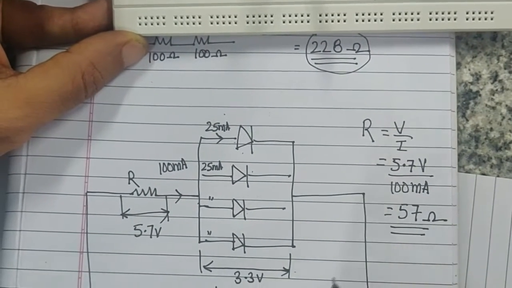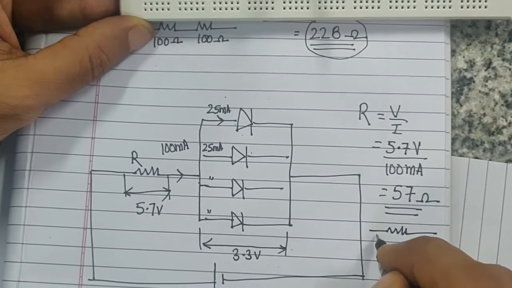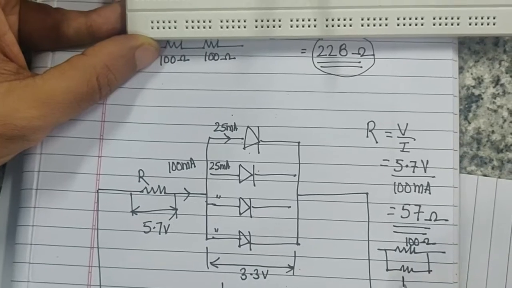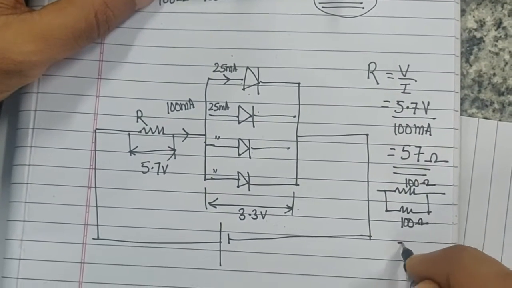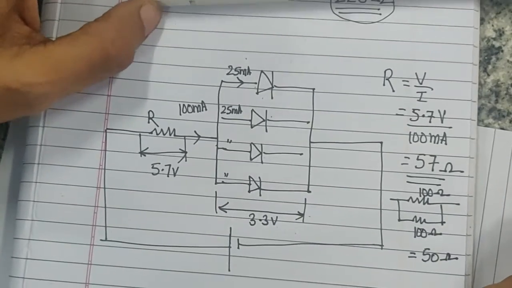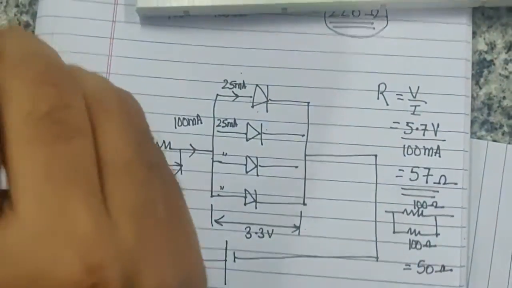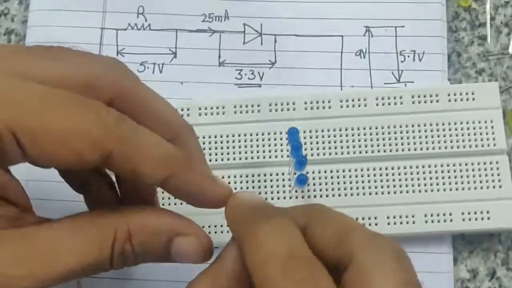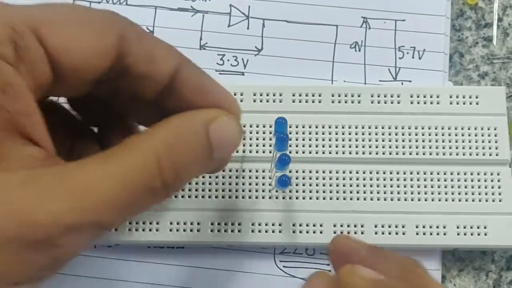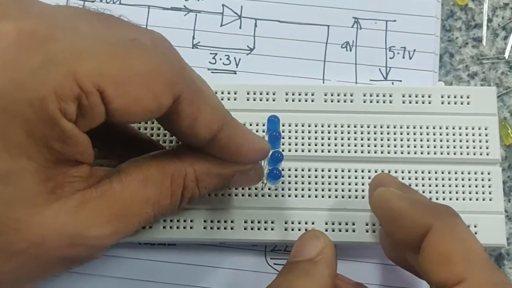Since we don't have 57 ohms, we plan to connect two resistors of 100 ohms each in parallel, which gives about 50 ohms of resistance. So we have these four LEDs, and I'm going to fit in my resistance and connect it.